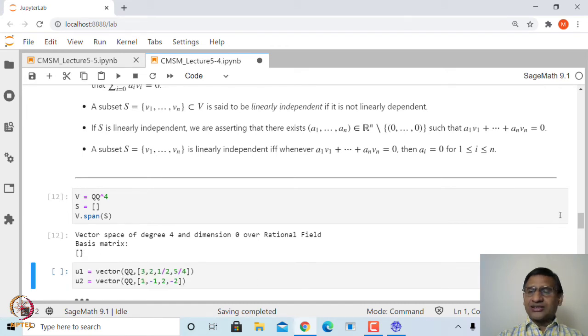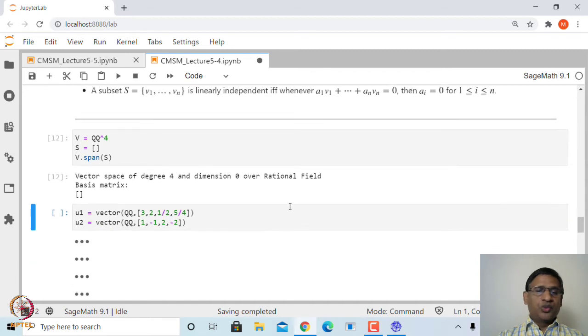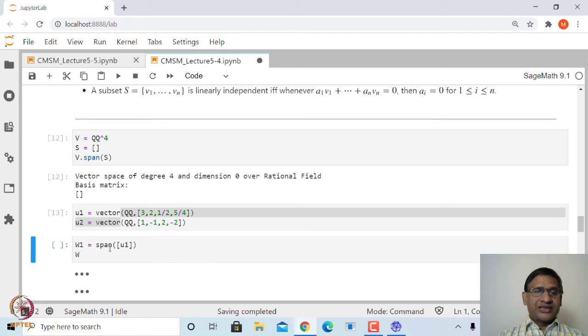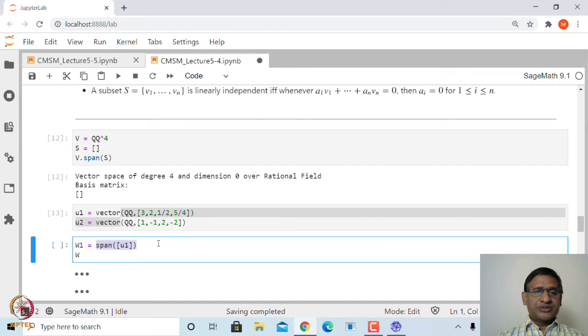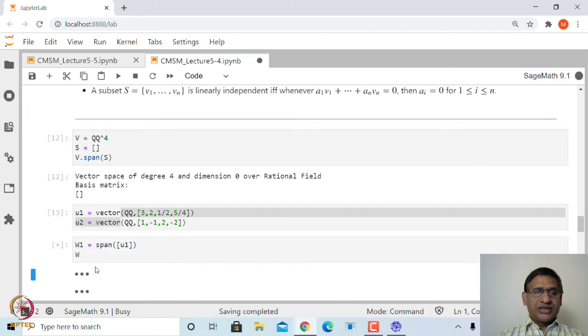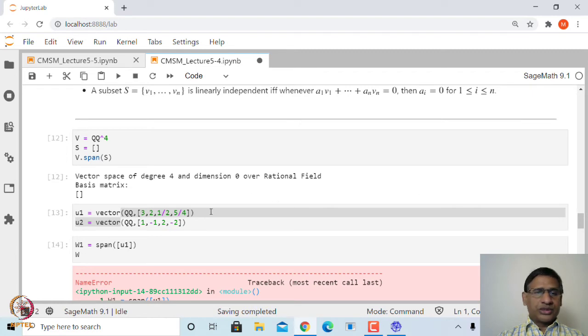If I take, let us say, two vectors u1 and u2 in V, and let me define W1 to be the span of u1. You can check that this is nothing but the set of all scalar multiples of u1.